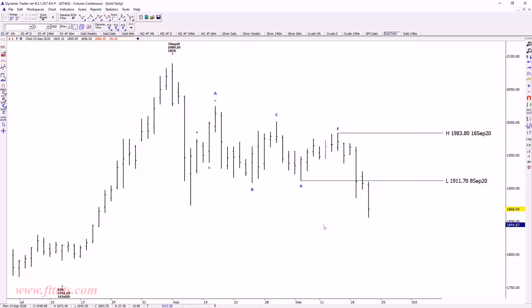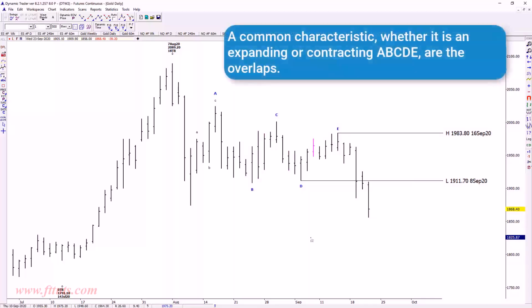Again, the second most frequent correction after ABCs, and they can also take the form of expanding ABCDEs, where we actually continue to make new highs and new lows, but they're very infrequent. An expanding type of ABCDE can be a flat, 5 sections.